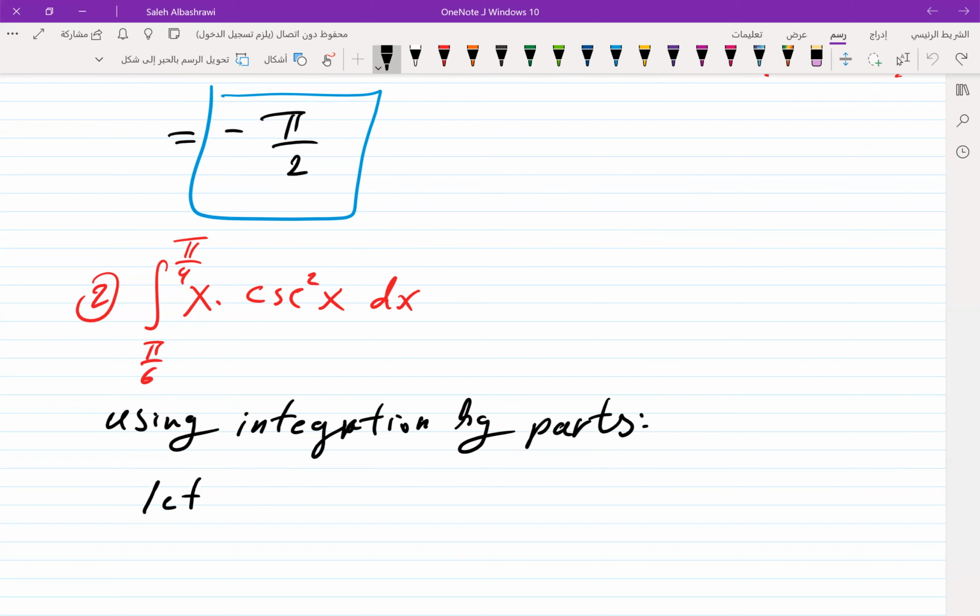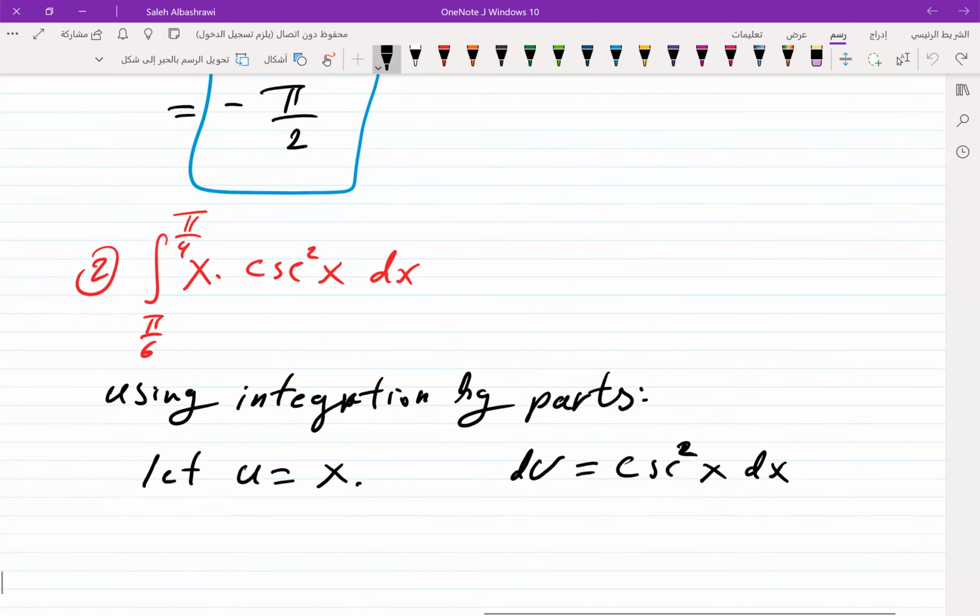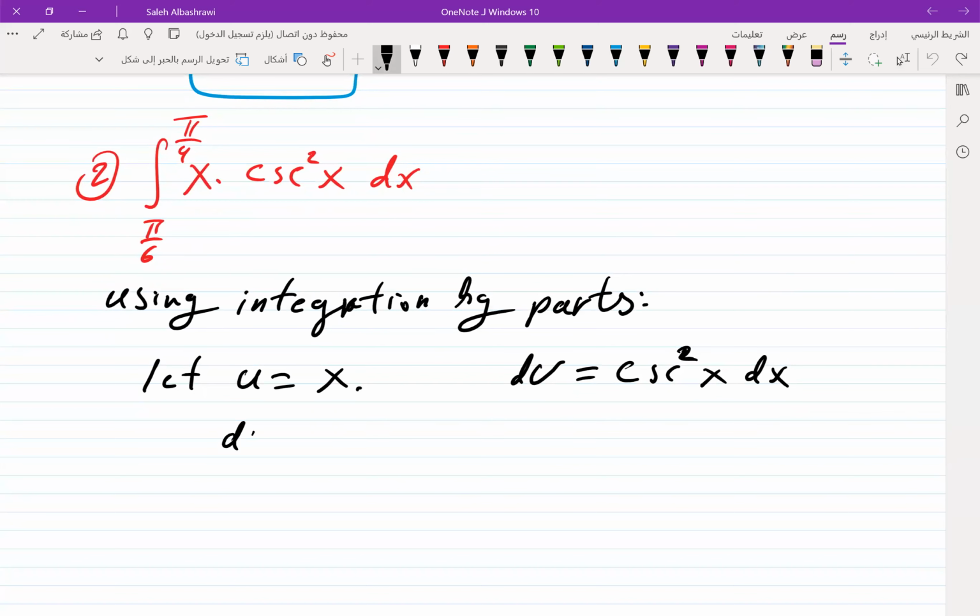Let u equal to x and dv equal to cosecant square x dx. Now differentiating the first one, du will be dx. If we integrate the second one, v will be minus cotangent.